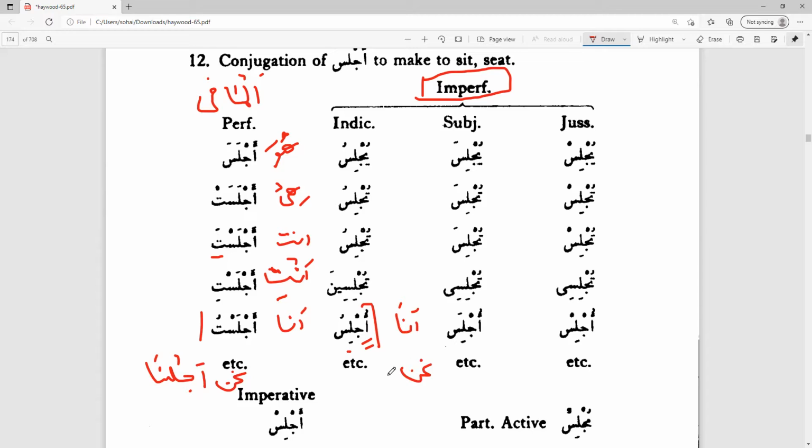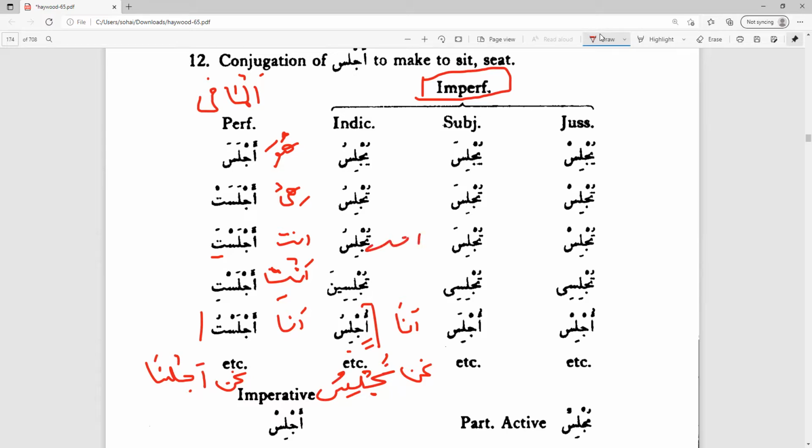Nahnu. Not very good. Okay, I know why, I'm using the pen, I'm using the mouse. Okay. Nahnu nujlisu.